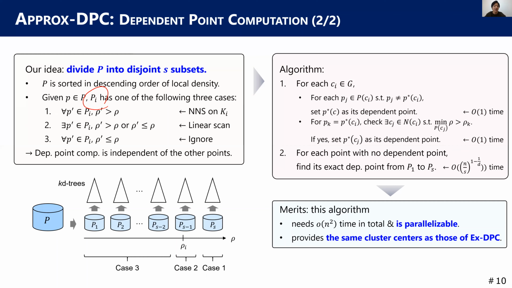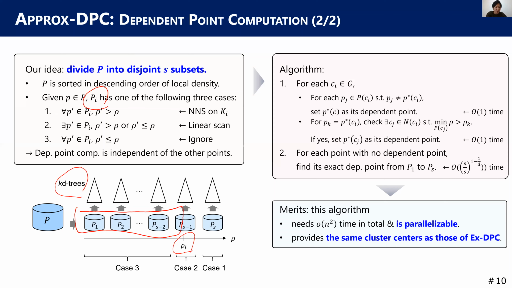Now, let's assume that each subset is indexed by a KD tree, as shown in this figure. And we want to compute the dependent point of Pi. The local density of Pi is here. The local densities of points in this subset are all smaller than rho i, so we can ignore them.